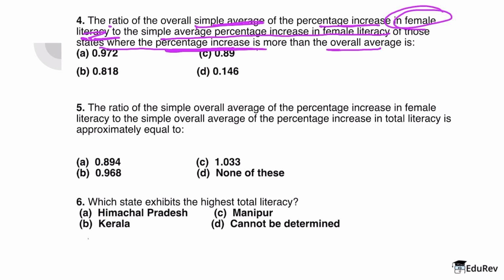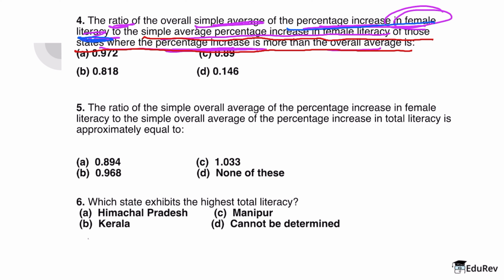So we basically need to take a ratio of these two. Okay, so how are we going to solve this?